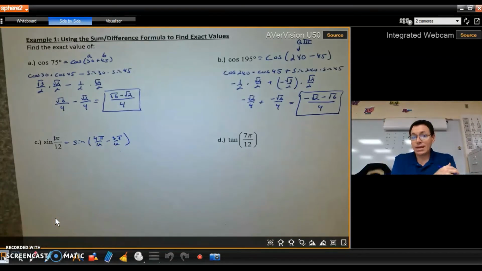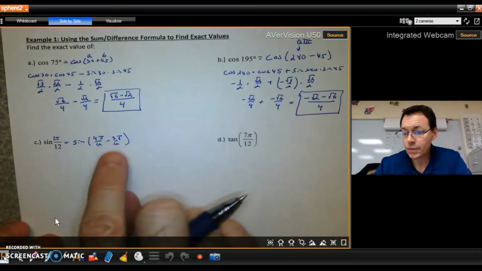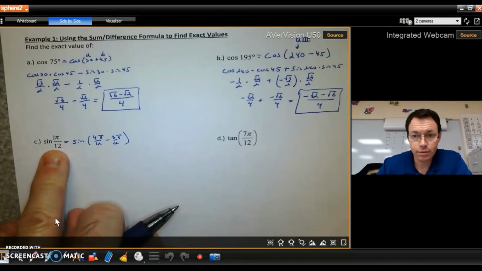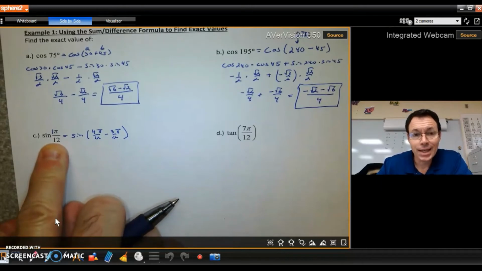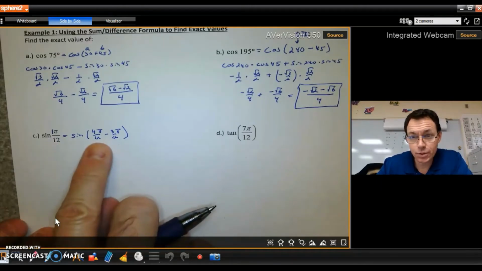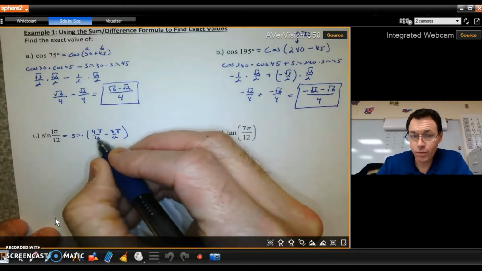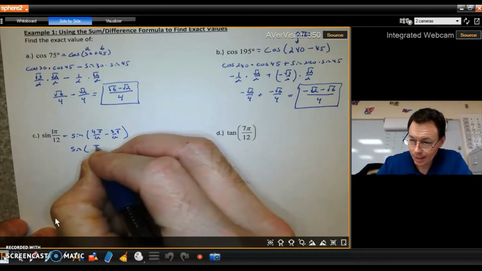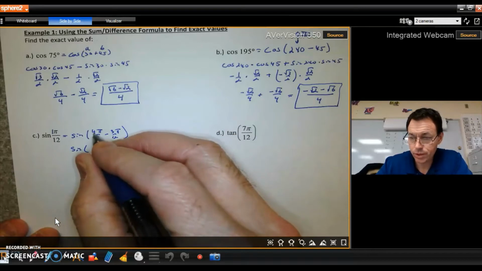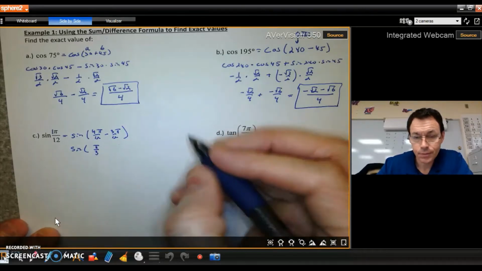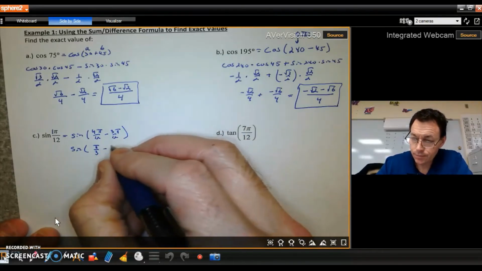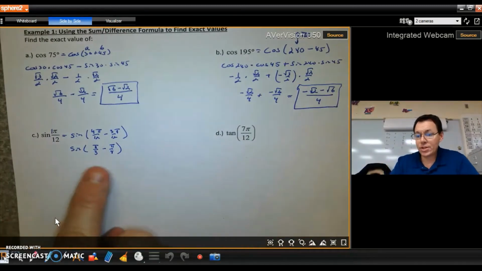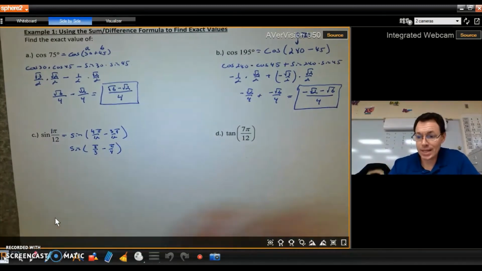Now, this is not the only way to do this one, but 4/12 minus 3/12 equals 1/12. No argument there. Now, both of these reduce. The 4 and the 12 reduce, giving us pi over 3. The 3 and the 12 reduce, giving us pi over 4. Now, these two angles are on our chart. So now we can do this.